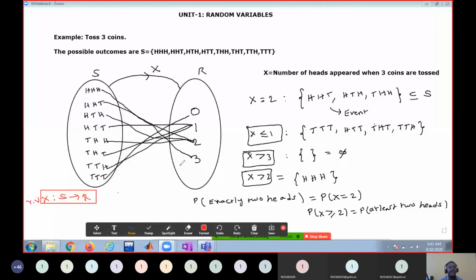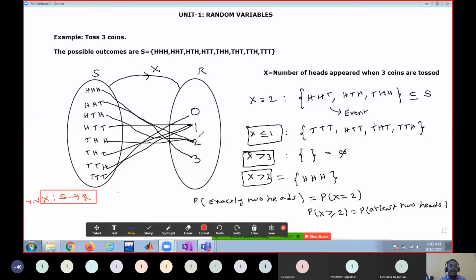Any function defined on the sample space which maps to the real numbers is said to be a random variable or stochastic variable, because the other name for random is stochastic. So it can be called a random variable or random function or stochastic variable or stochastic function. Please don't confuse the word variable and function. Interchangeably we'll be using one or the other, but by default I will be calling it the random variable.